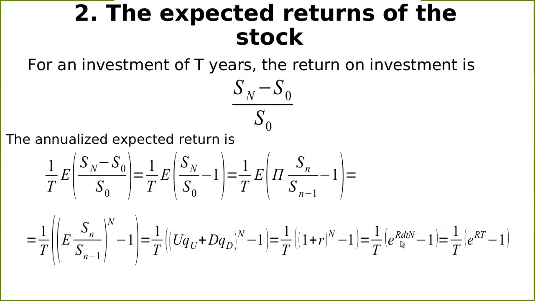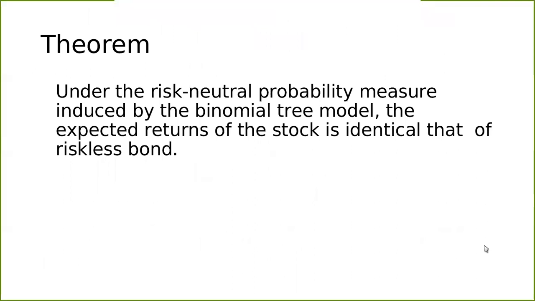And finally, the annualized expected return is 1 divided by T, e to the RT minus 1. So we can formulate the theorem that under the risk neutral probability measure induced by the binomial tree model, the expected return of the stock is identical to that of the riskless bond.